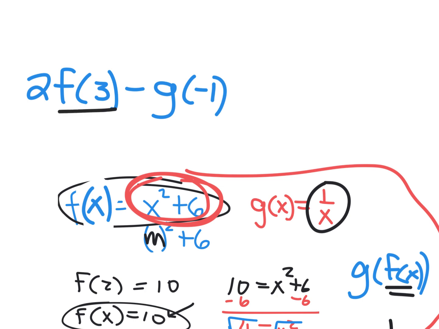Find f of 3. Then times it by 2. Then I'd figure out g of negative 1, and then just be careful with all those negatives. Get a final answer. The final answer is like 23. Just a number. Pause for a second while you give that one a try.